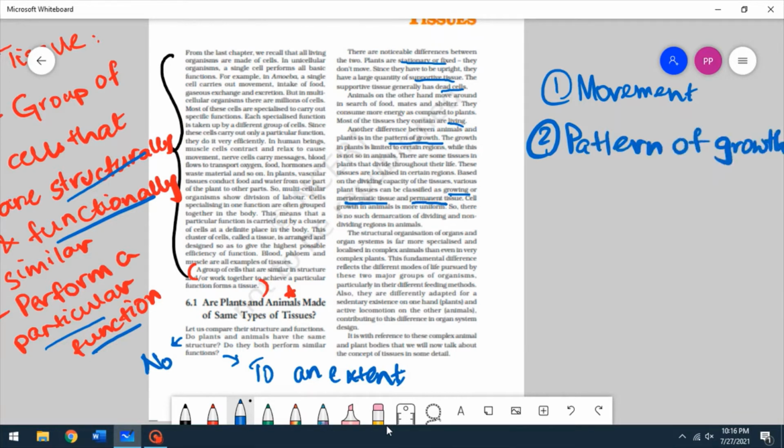All right, so pattern of growth is the second point, and then the third point is organs. So the structural organization of organs and organ systems is far more specialized and localized in complex animals than in very complex plants. So the third point would be complexity. So if you're taking a complex animal, a human being, there are many organs and organ systems.